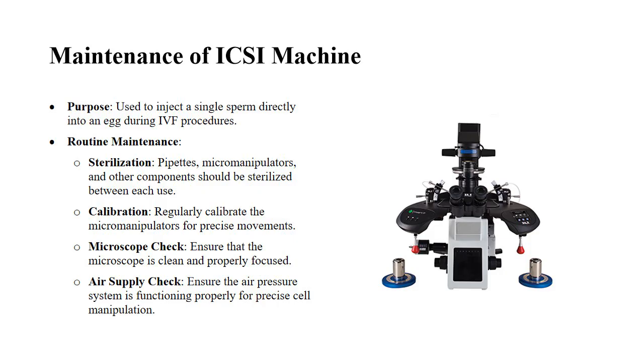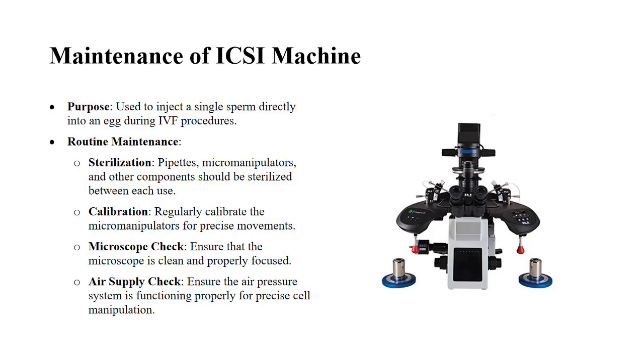Microscope: inspect the microscope and focus system for optimal imaging quality. Air supply: if using an air pressure system to manipulate cells, ensure it is properly maintained and calibrated.